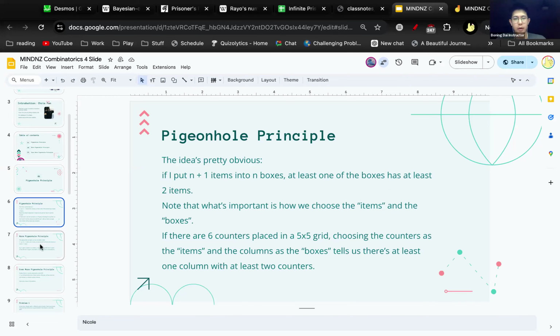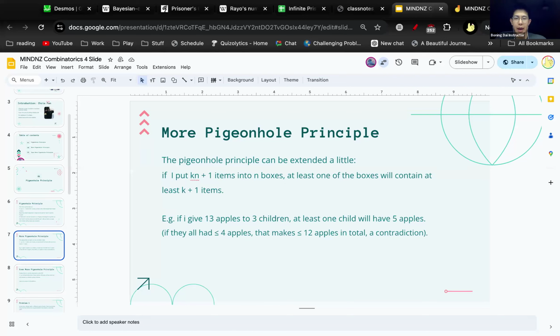If you have kn plus 1 items, which is to say one more than a multiple of n items, and you have n boxes, so n different categories, then we know that at least one of the boxes has to have at least k plus 1 items. Firstly, because there's kn plus 1 items, which is greater than kn, at least one box has to have k items.